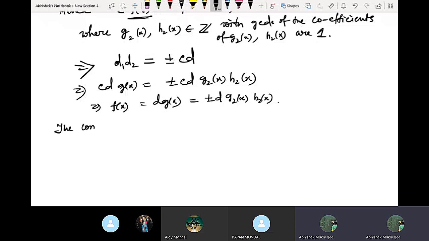The converse part is trivially true because every integer is a rational, right? Every integer is a rational.